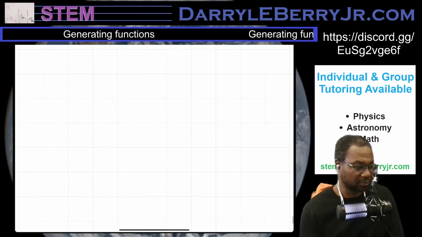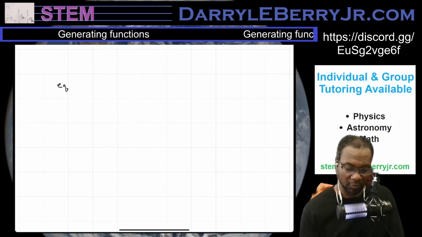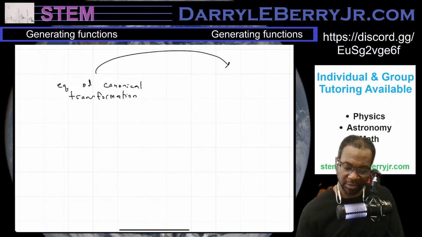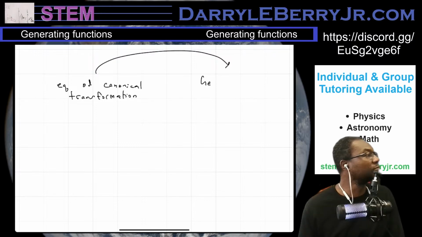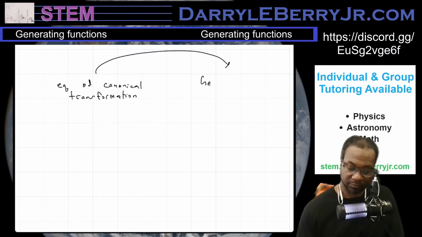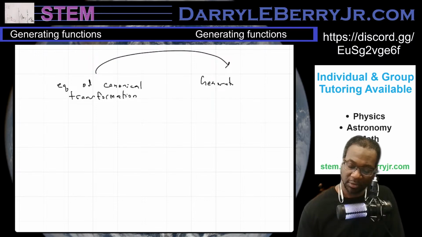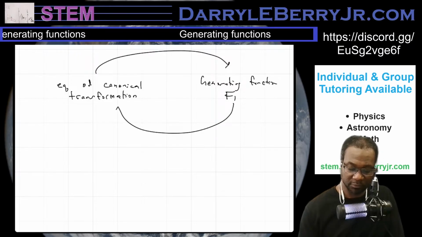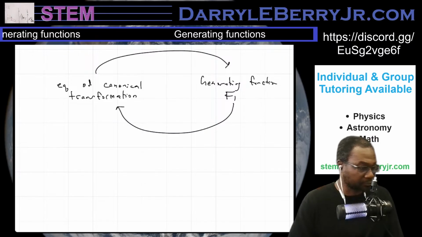So the equations of canonical transformation give us the generating function F1, and reverse.